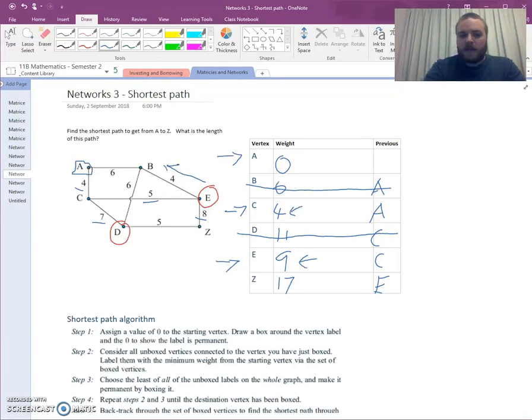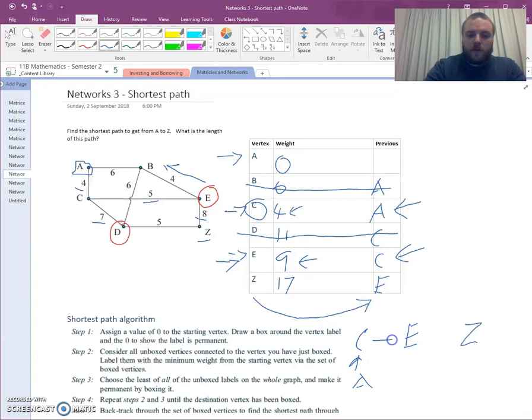So we ended up at Z. From Z, we came from E. From vertex E, we came from vertex C. And from vertex C, we came from vertex A. And then you can just add some arrows. So we went A to C to E to Z with a total weight of 17.